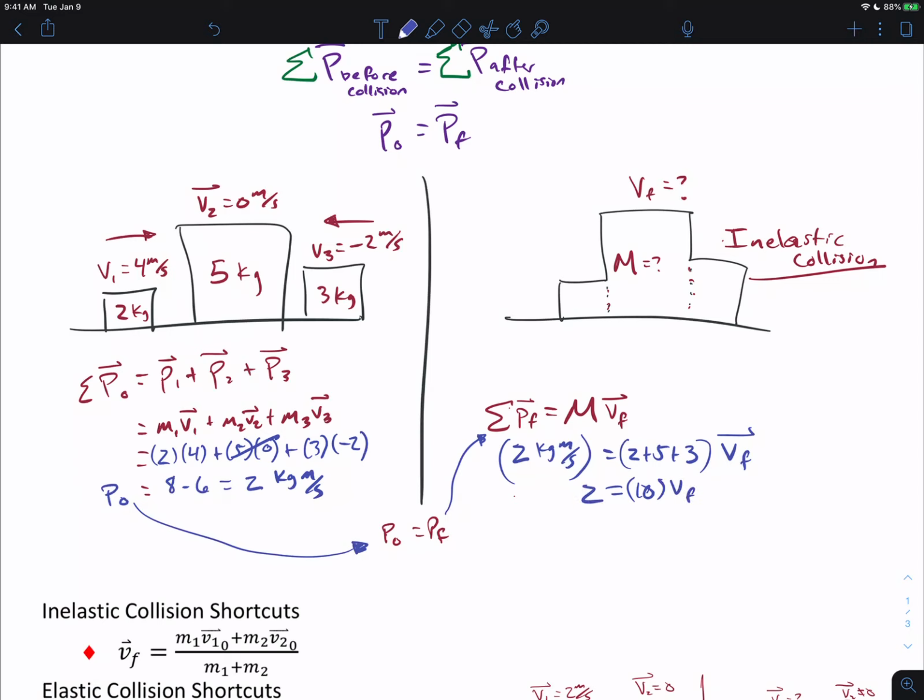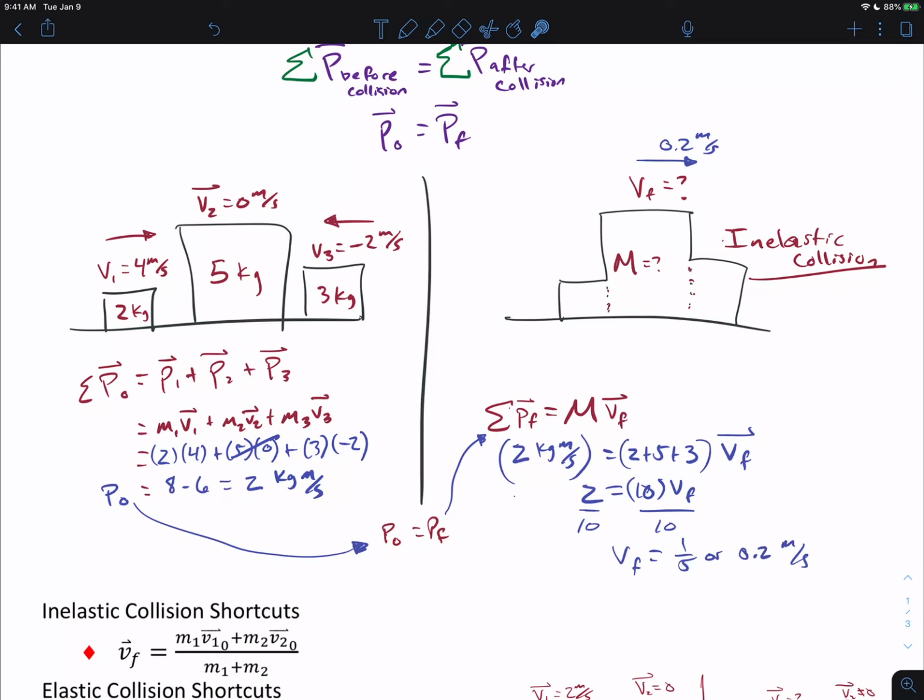So here I have 2 equals 10 times my final velocity. So if we divide both sides by 10, my final velocity is 1/5 or 0.2 meters per second. So when they all stick together, they'll move to the right at 0.2 meters per second. Very slowly, but they'll move to the right.